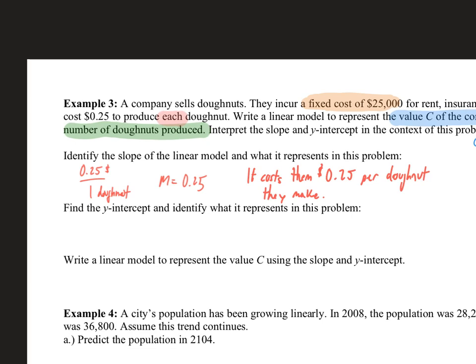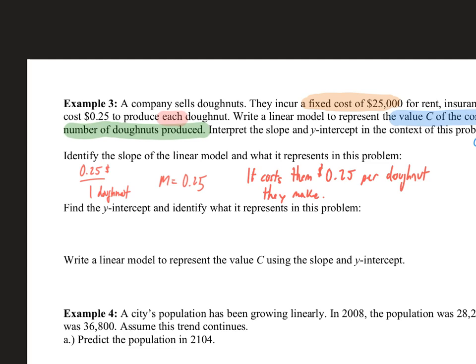Think about a pretty common problem like a gym problem. It costs you $50 to join the gym, and then $10 every month to stay a member. That $50 is the fixed cost, the fixed rate, fixed fee. That's like your y-intercept, your starting amount, right? And then the $10 is the repeating cost, the slope.